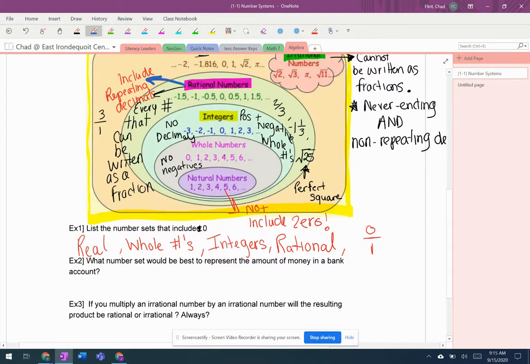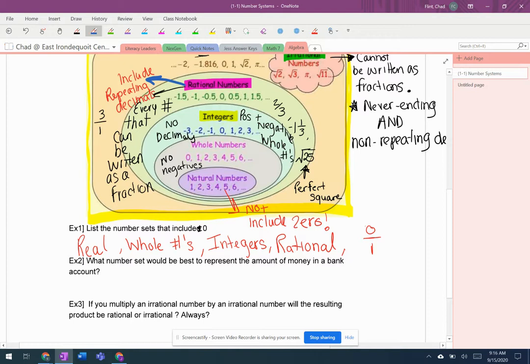Then we go to the whole numbers. While the whole numbers have 0, they don't have any negatives in them. And trust me, because I know, by not getting paid all summer, when the end of summer comes, the bank account is very, very low, and sometimes it could go into the negatives if you overdraw your account. So whole numbers are no good because they don't have negatives.